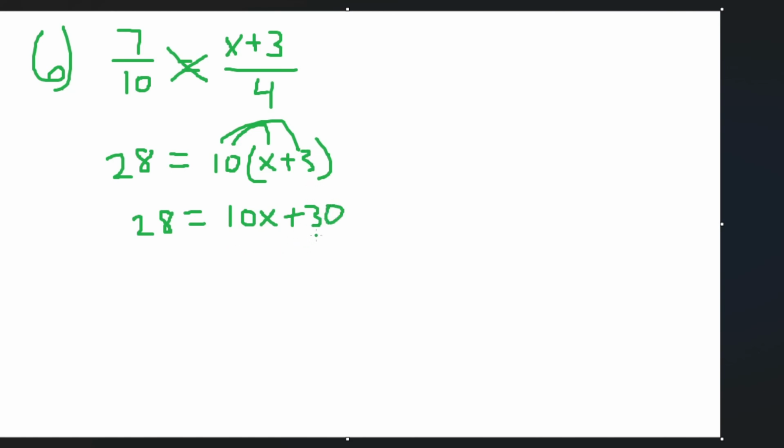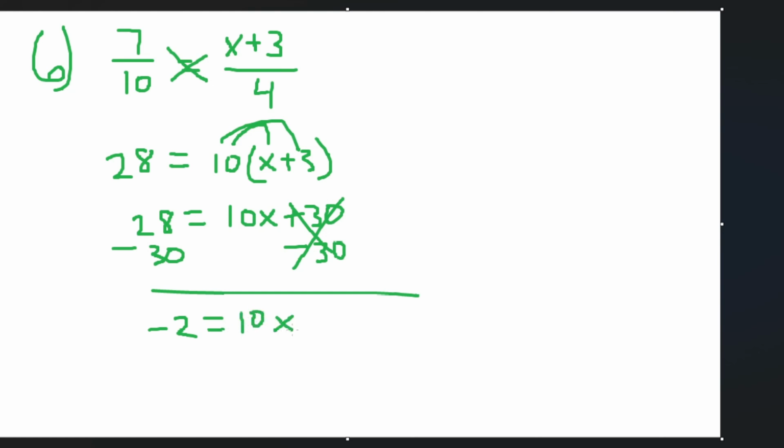And then we could subtract 30 from both sides, 30 minus 30, and 28 minus 30. So it'll give you negative 2 equal to 10x.